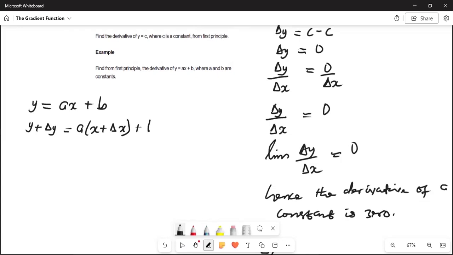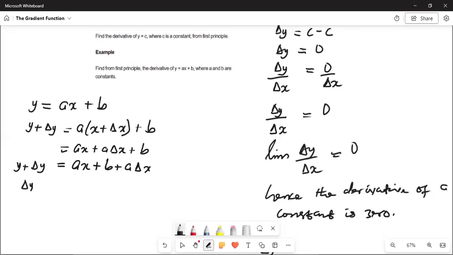So y plus delta y is equal to a times x plus delta x plus b. So if I open up this bracket, that will be ax plus a delta x plus b. If I rearrange that, I have ax plus b plus a delta x.